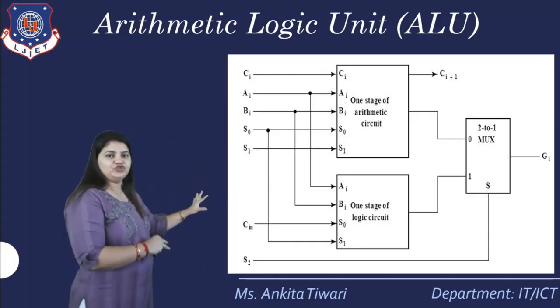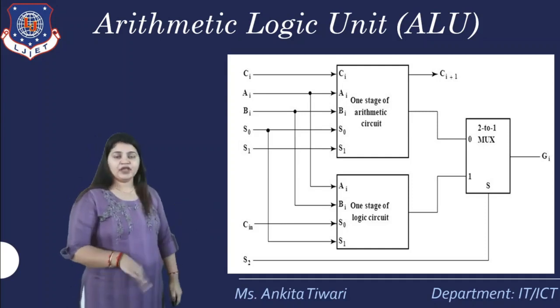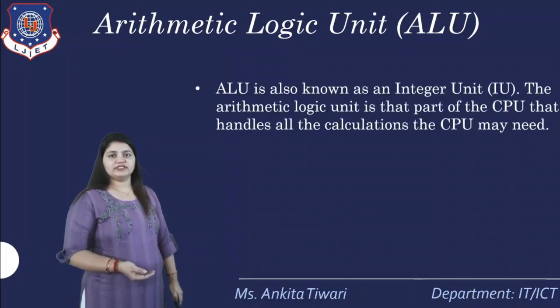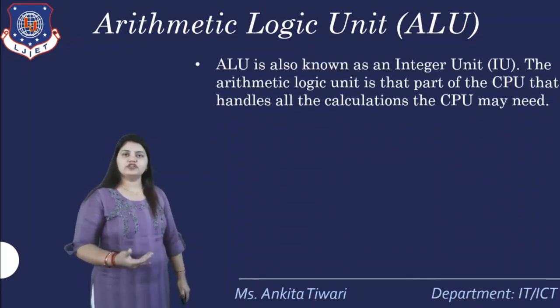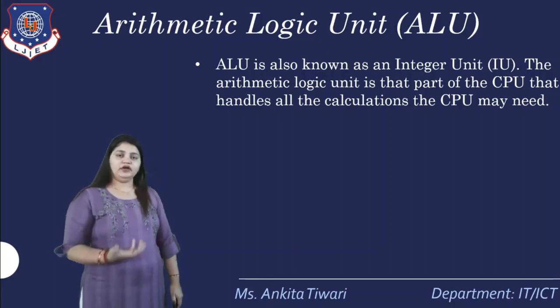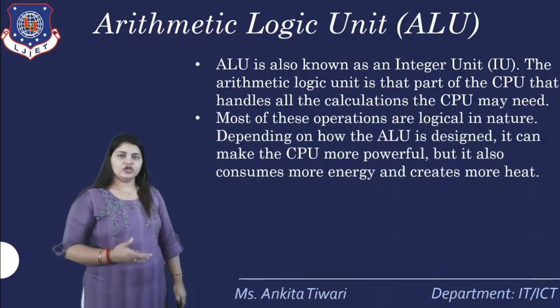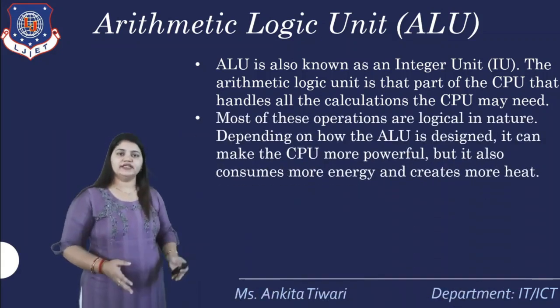So this is the actual working of the arithmetic logic unit, which is there in your system, which will handle the two operations. So we can say that the ALU is also known as the integer unit, where the arithmetic logic unit is a part of the CPU that handles all the calculations the CPU needs. Most of these operations are logical in nature.